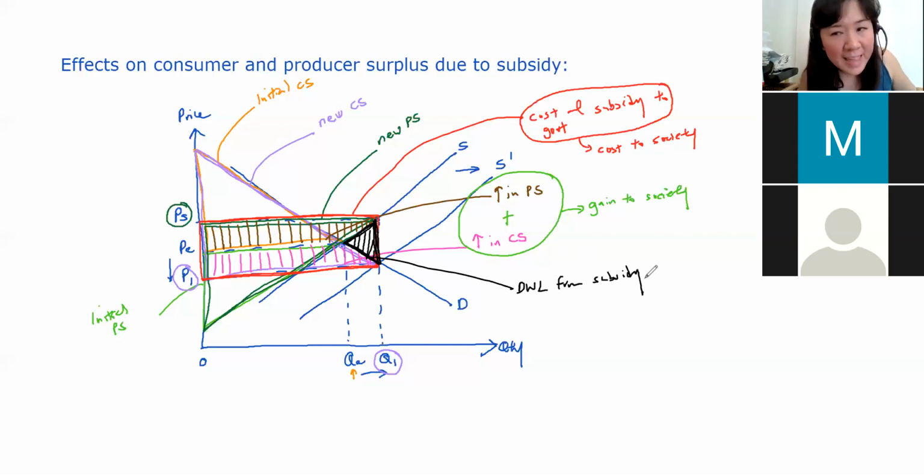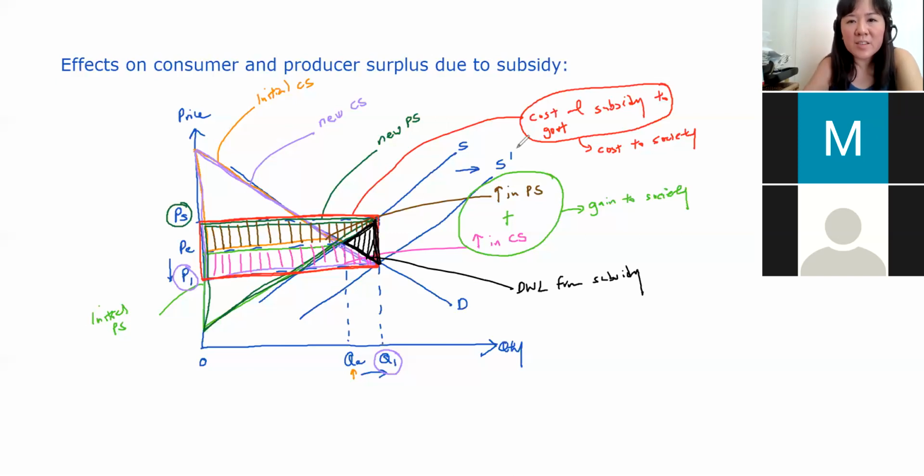Can I ask? Yes, like Melanie. The cost of subsidy is, when you shift the supply curve to the right, then the red rectangle is the increase in the producer surplus and consumer surplus.